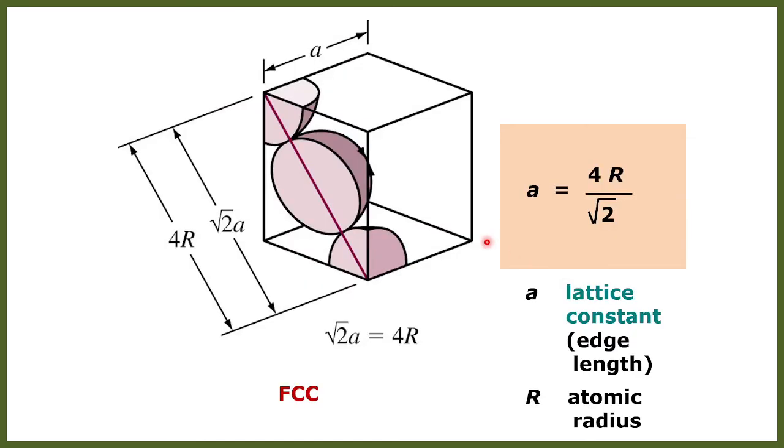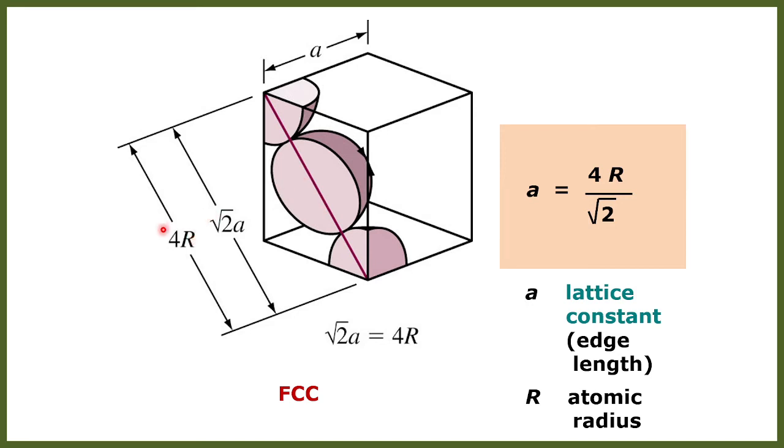Next, the relationship between a and r. For FCC, you can see that on this face, it is 1 r at each corner and 2 r for the atom at the face center.